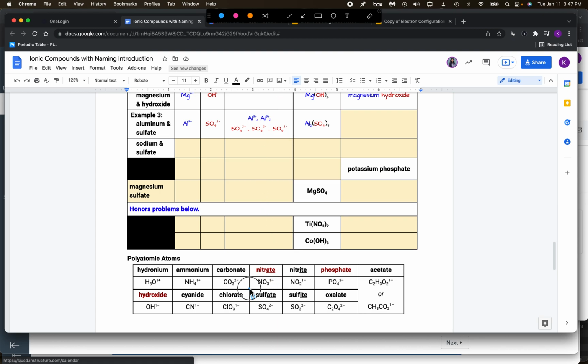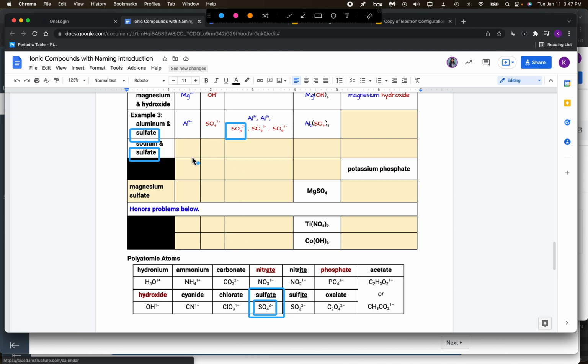So right here is sulfate. And so that sulfate is shown here. And what you have to do, let me go up here and change it back to text. Oh, I don't want text, I want scribble.